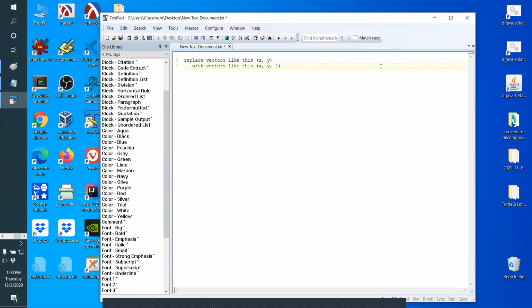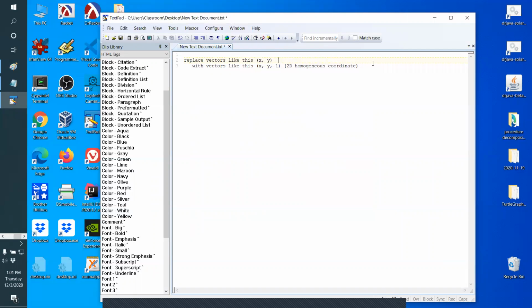We're going to tack an extra 1 on every vector. This is called a homogeneous coordinate. Now notice that I'm still in 2 dimensions. So this is a 2-dimensional homogeneous coordinate. Now it looks like I'm in 3 dimensions, and I am, but it's a special case. The third coordinate is always 1.